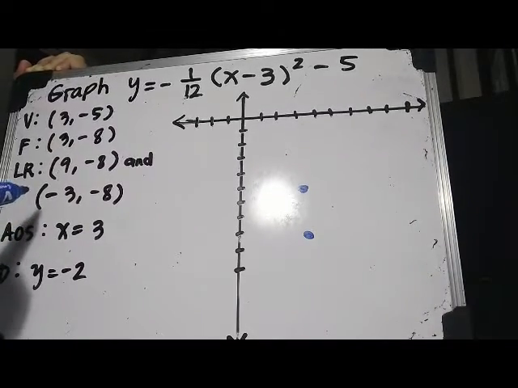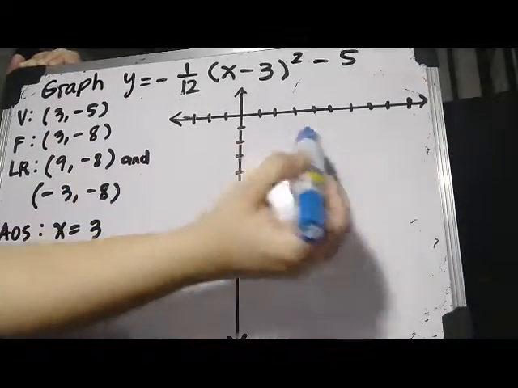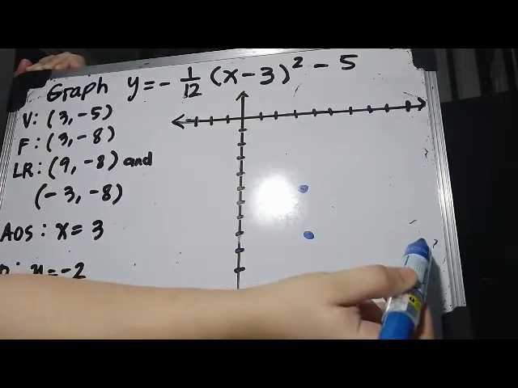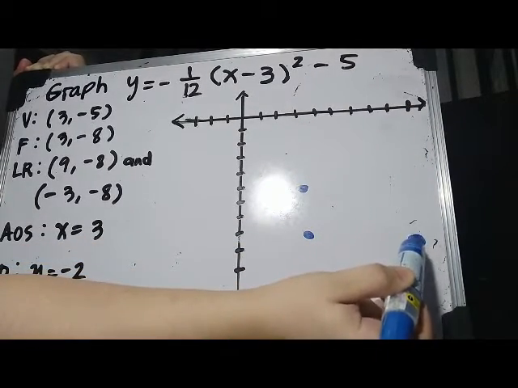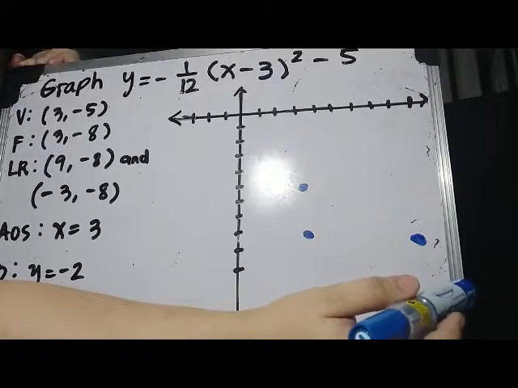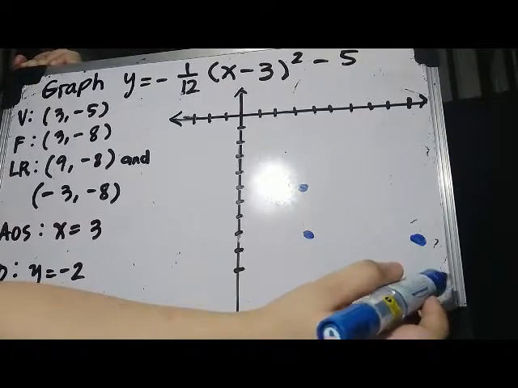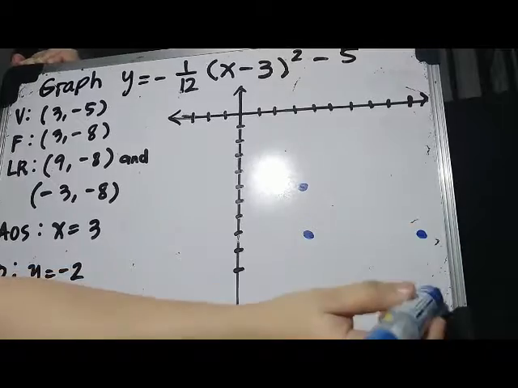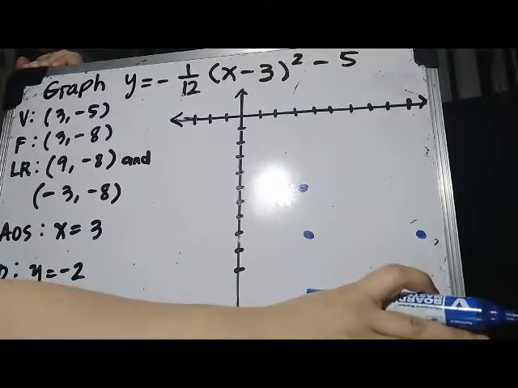So these are (9, negative 8). So 3, 6, 9, negative 8. As you can see, the endpoints of the latus rectum are actually parallel to the focus. So you plot the endpoints of the latus rectum parallel to the focus, not parallel to the vertex.